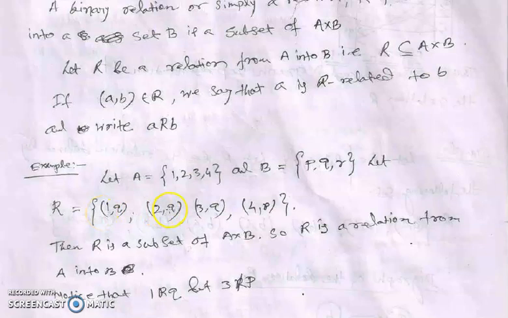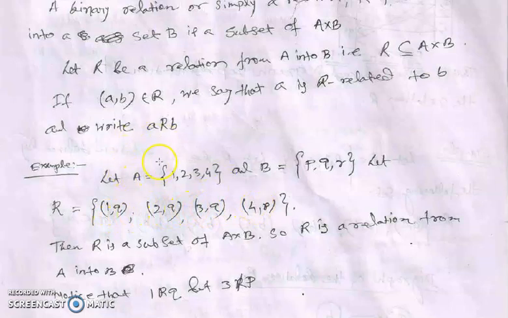Because (1, q), (2, q), (3, q) and (4, p) are the members of the relation R. According to the definition, the domain of R, represented by DR, is the collection of all the members of the set A such that (a, b) belongs to R. That means the domain set should be a subset of the set A. So the domain set of the relation R according to this example should be 1, 2, 3, 4.